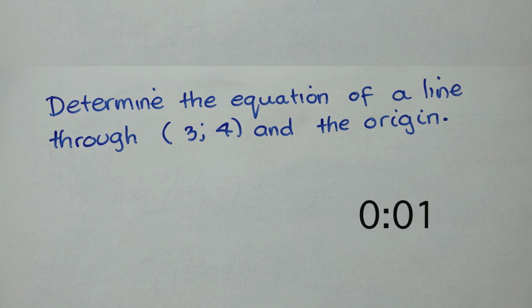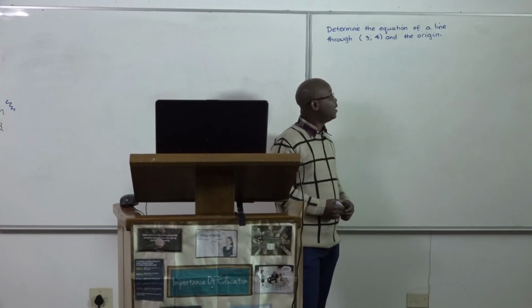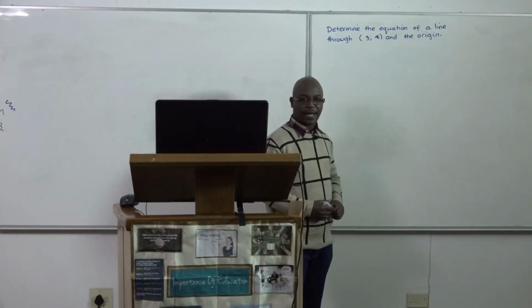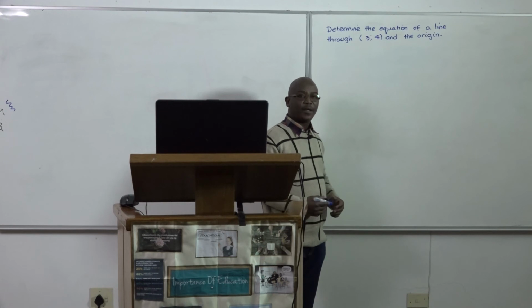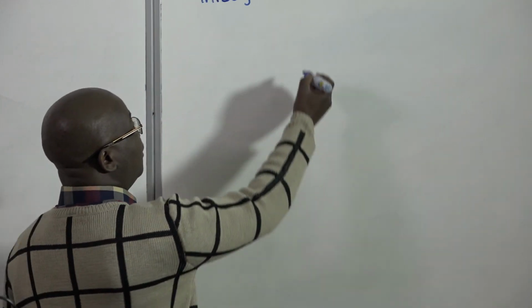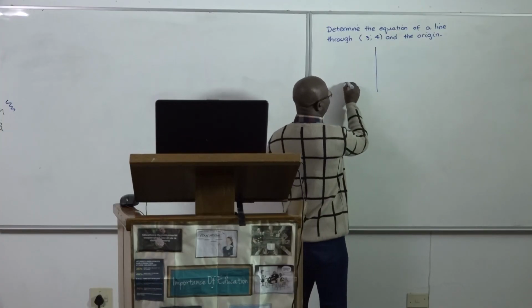I hope and trust that you found it very easy to deal with. Now let's quickly go through it and see how we could have managed to find the equation of this line. Like I said earlier on, a sketch would be a good starting point because it will guide us on what we are dealing with. Therefore, this will be our sketch.